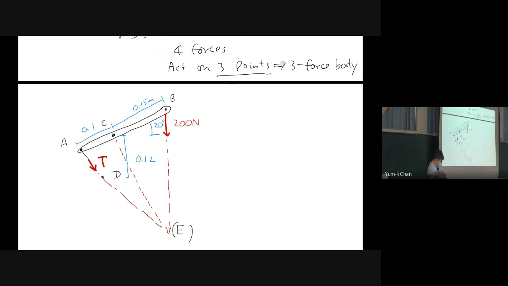So the force at C can only be in this direction or in this direction. It can only go downwards to the right or upwards to the left, but it has to be on the line CE. Is that okay?